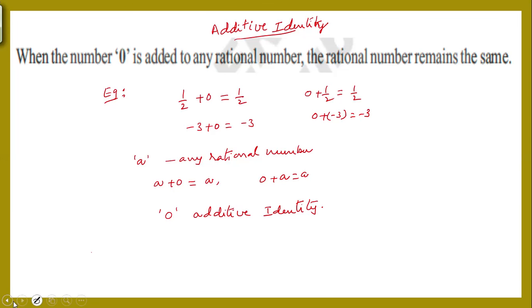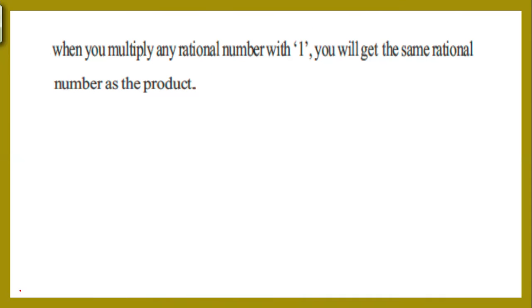Now we move to another property. When you multiply any rational number with 1, you will get the same rational number as the product. This property is called multiplicative identity. What is meant by this?